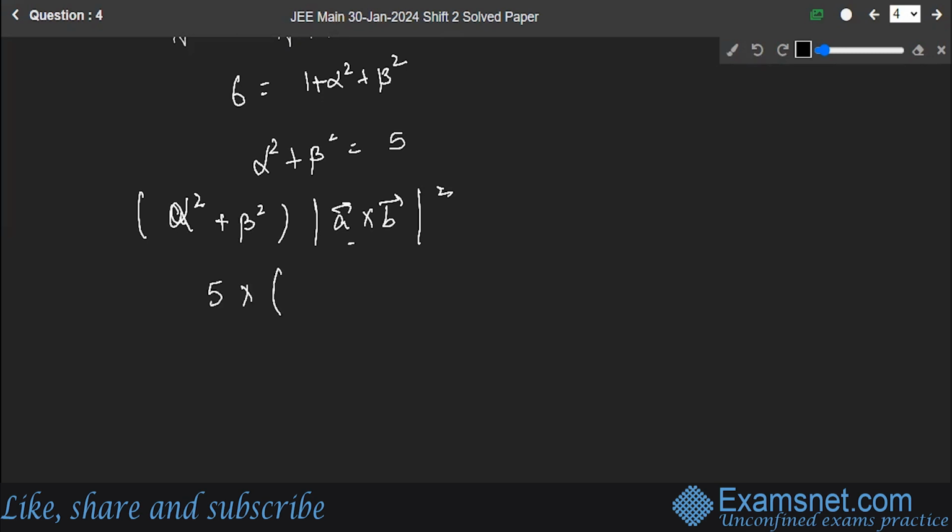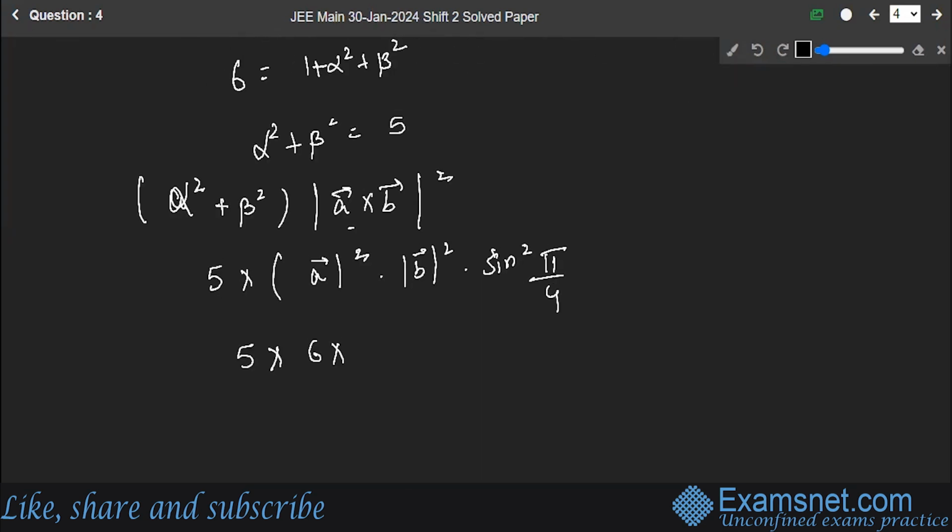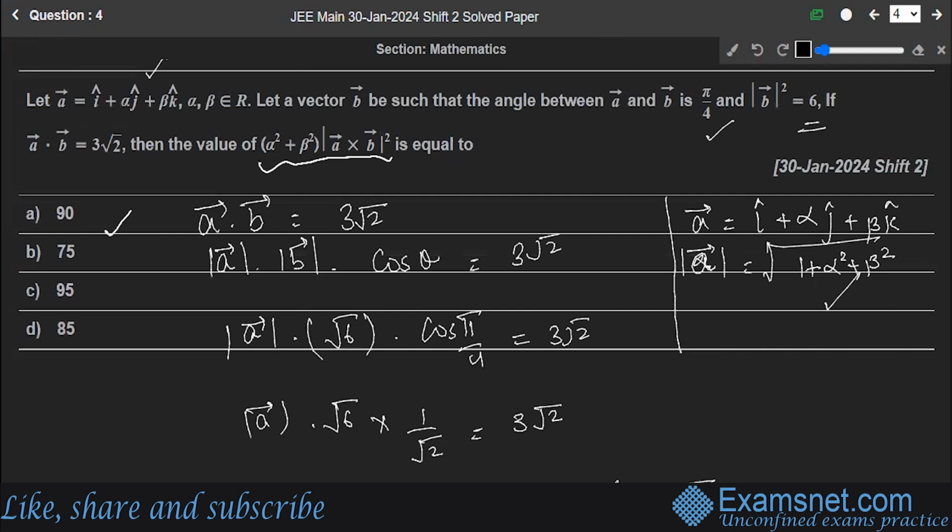This is a cross b, this is the magnitude of a whole square into magnitude of b square into sine square of the angle between them. So this is equal to 5 into, this came out to be 6, and the magnitude of b square was 6. And the sine square of pi by 4 is equal to 1 by 2. So this will give me 90 is the answer to the question. Option A.